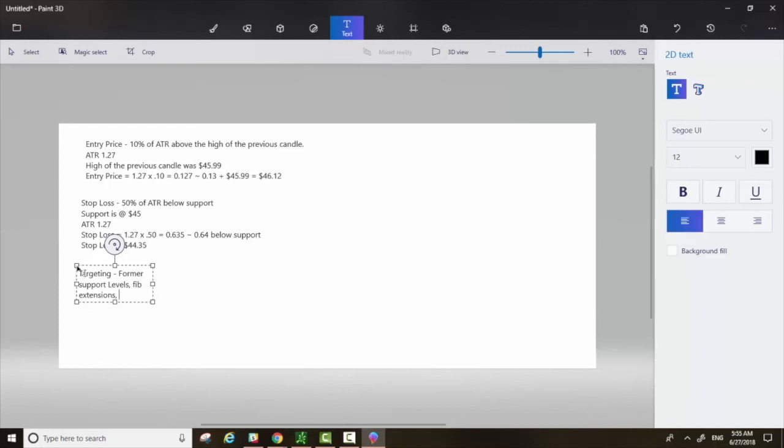You can use, what else can you use for targeting? My favorite is $5 and $10 levels. We'll put the dollar sign ahead of that. Those are psychological levels where people tend to pay more attention to it, and so that can cause things to slow down in those types of zones.